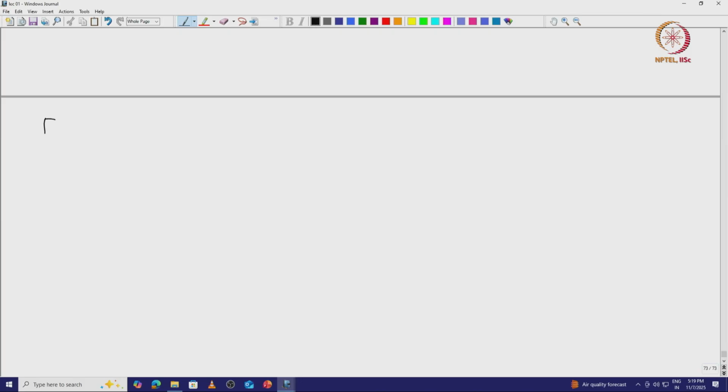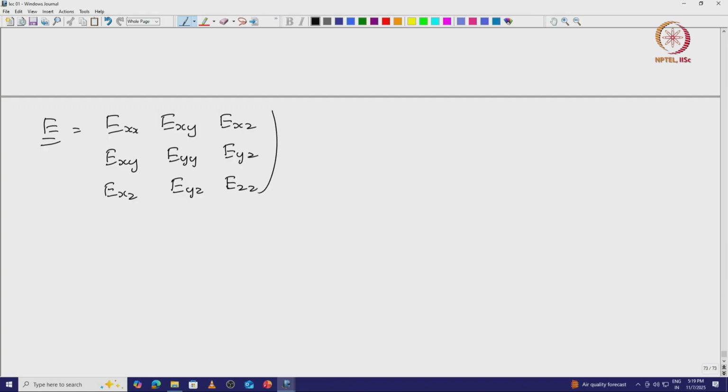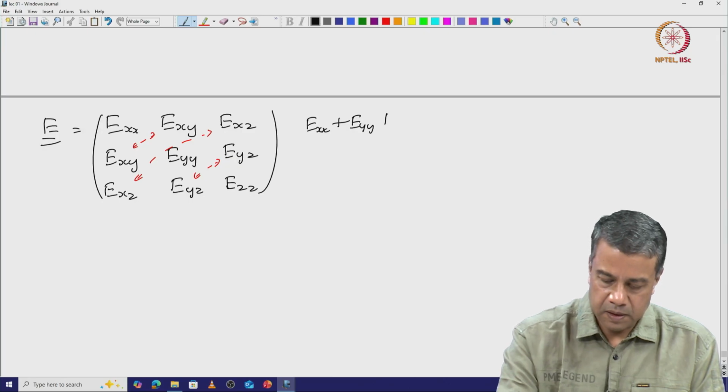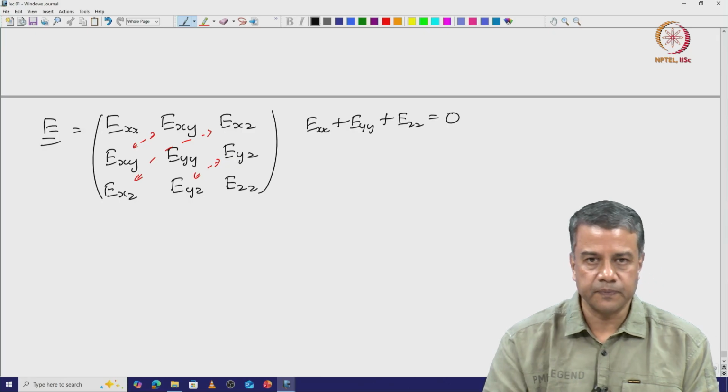So, the symmetric traceless part E was defined as a tensor that was symmetric, so the off diagonal elements are equal, and traceless because Exx plus Eyy plus Ezz is equal to 0.